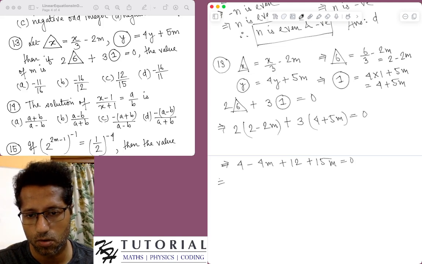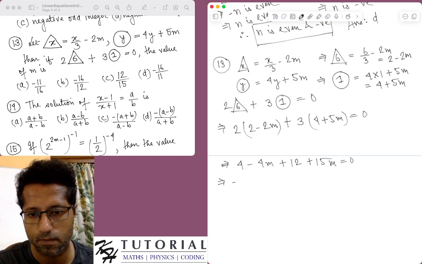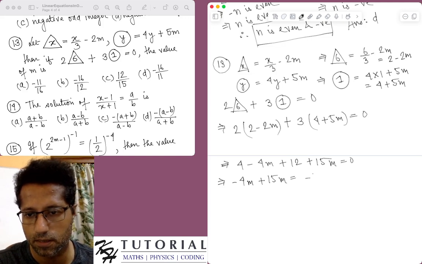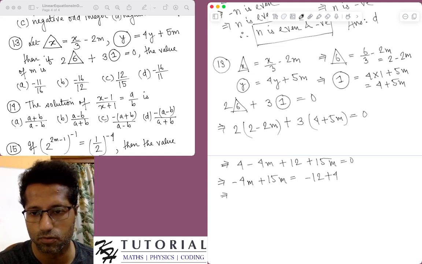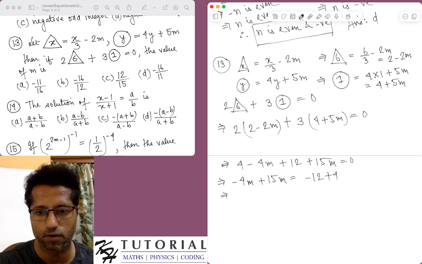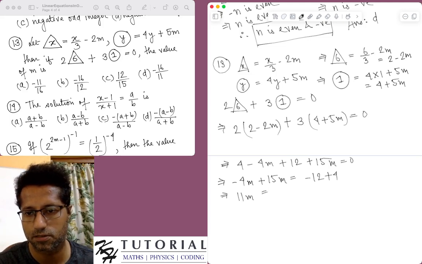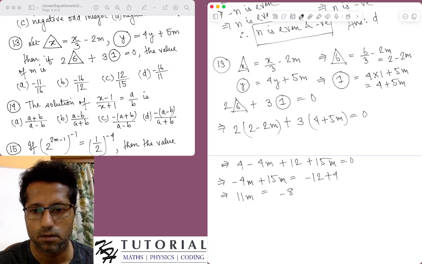Now if we keep all the m terms on the left hand side and all the constants on the right hand side, we get minus 4m plus 15m equals minus 12 minus 4. Adding the terms on both sides, minus 4m plus 15m is 11m equals minus 12 plus 4, which is minus 8.